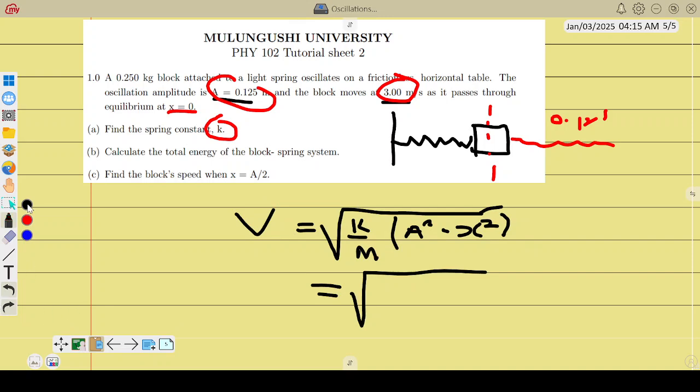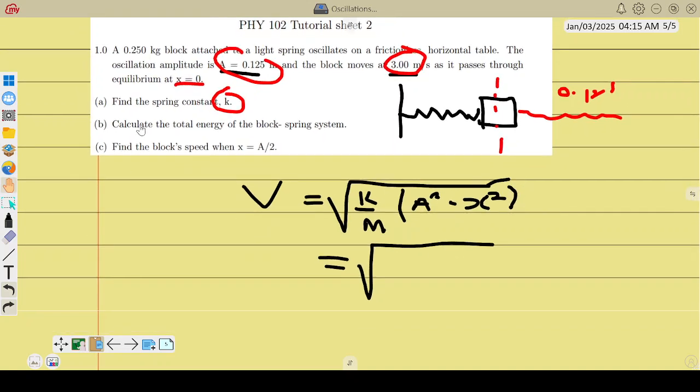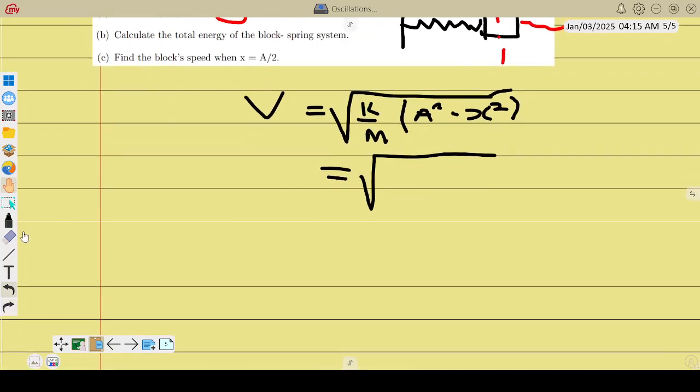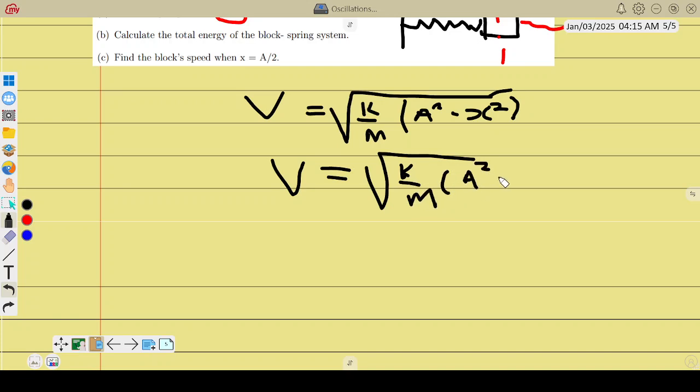So we should make k the subject of the formula. How do we make it the subject? We start by getting rid of the square root. We have v equals the square root of k over m times a squared minus x squared.